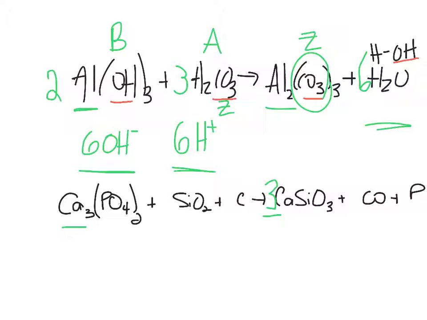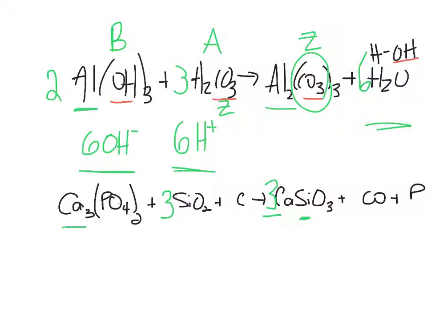So how many are now on this side for Si? 3. So go back to the other side, balance for silicon. So how many SiO2s am I going to need? Wow, that was a deafening 3. So now I've balanced silicon.